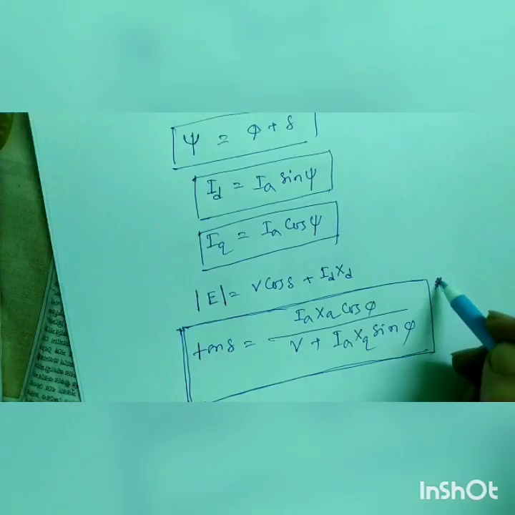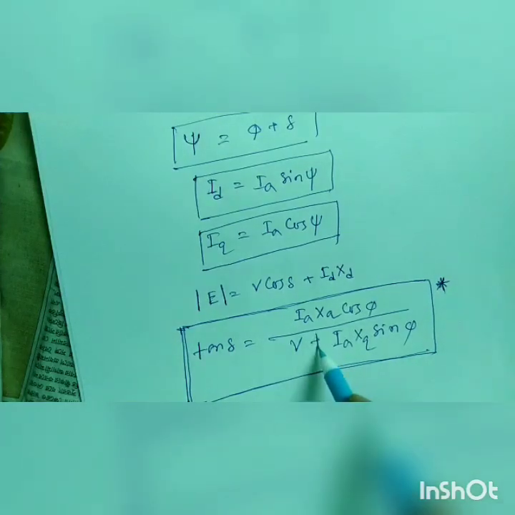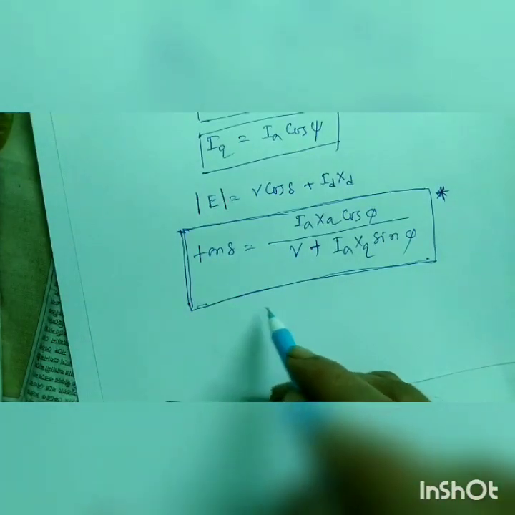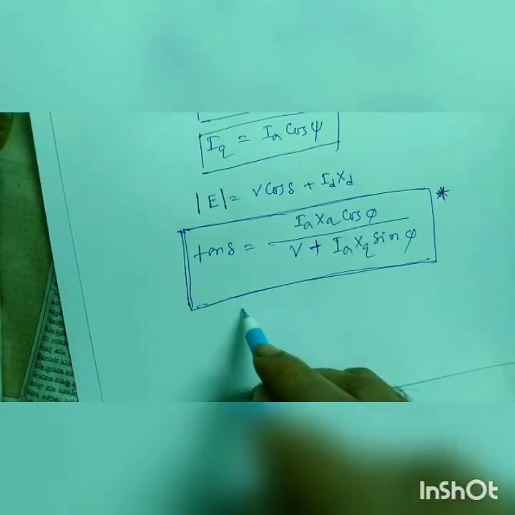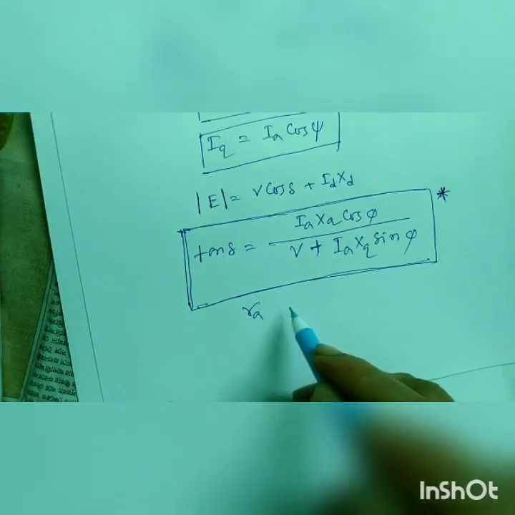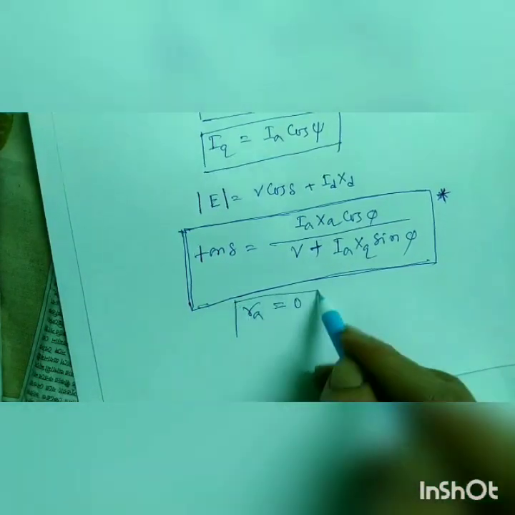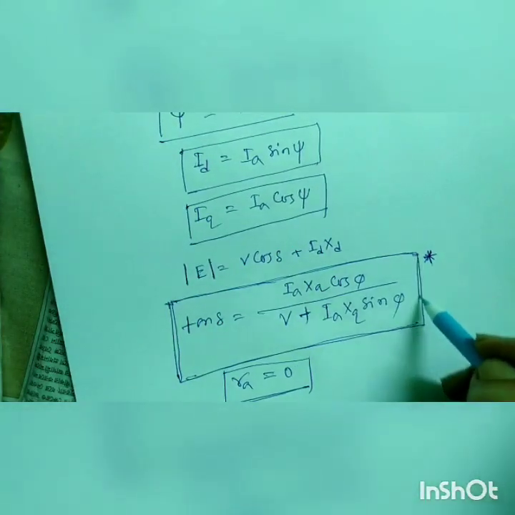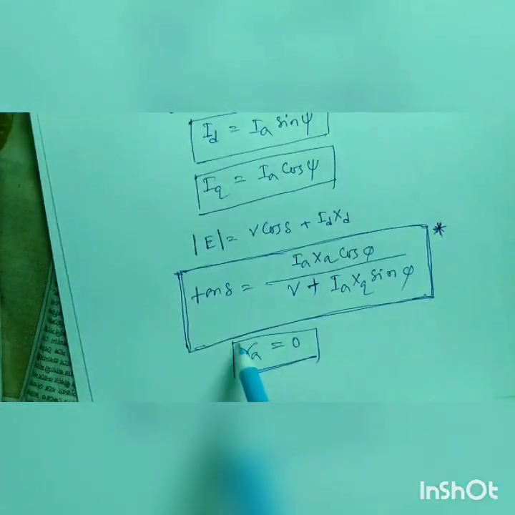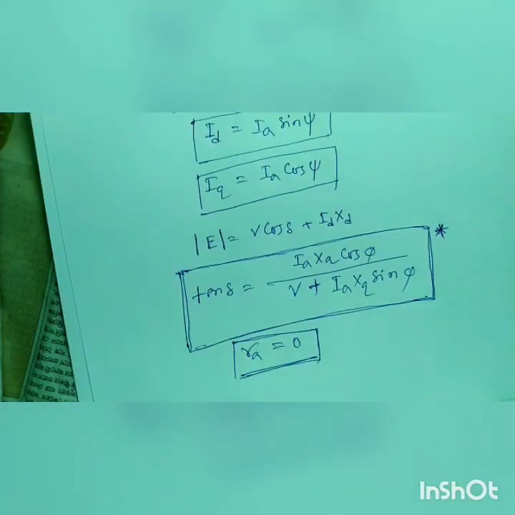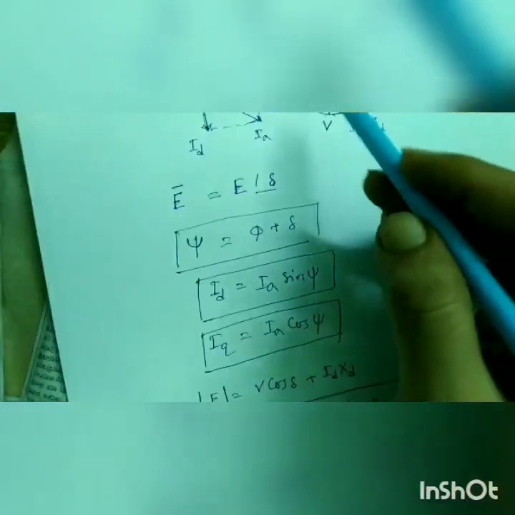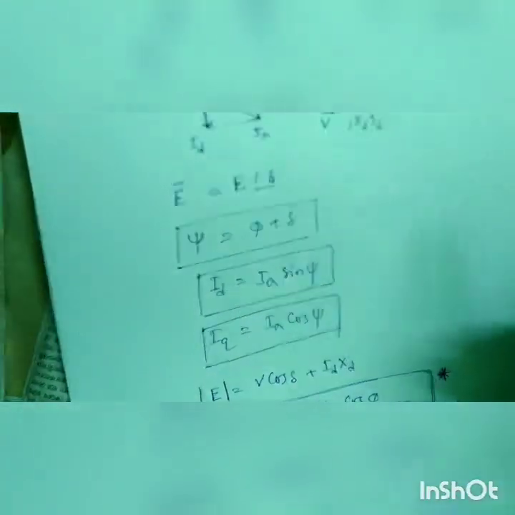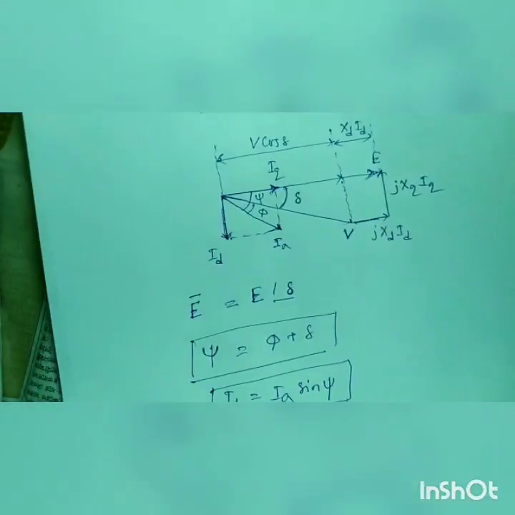Remember, this formula is valid only when the armature resistance is neglected, that is, armature resistance is 0. Otherwise it is not valid. Only when R is 0 can we solve the problem using this formula or this phasor diagram. Is it fine?